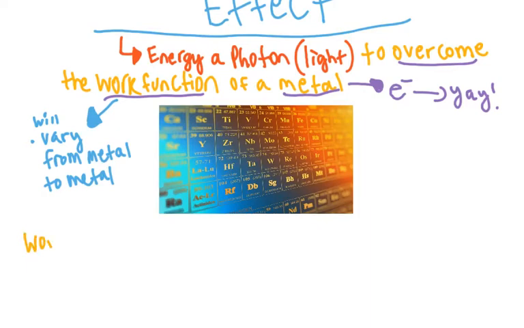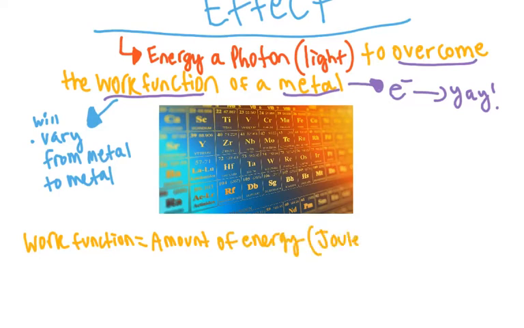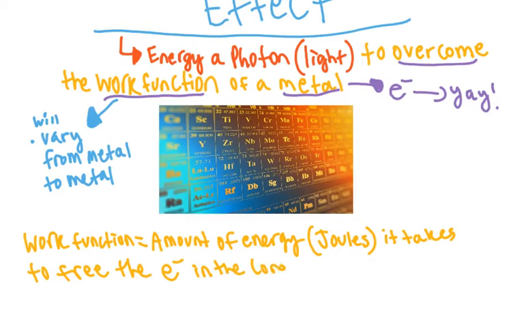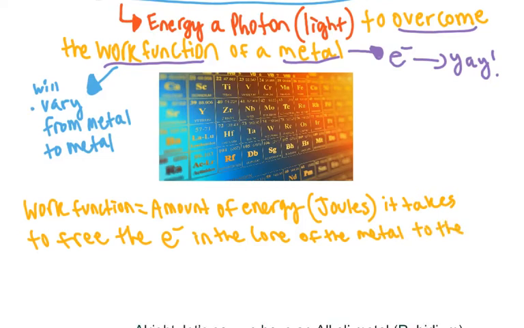Let me write this down real quick. The work function of a metal is the amount of energy, in joules, it takes to free the electron in the core of the metal to the surface of that same metal.